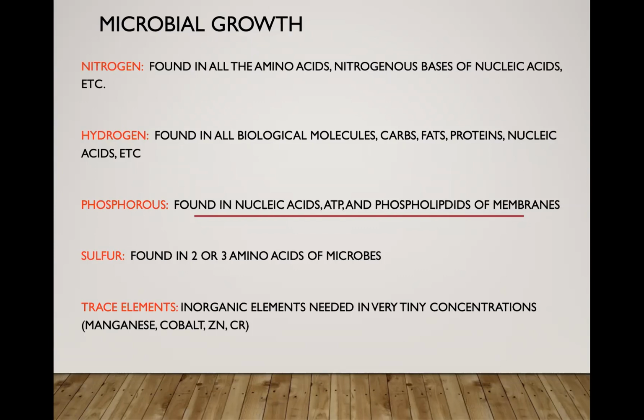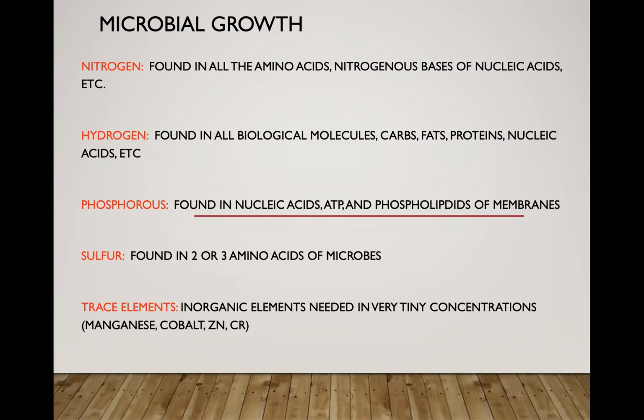Trace elements. We established those chemical elements that are found in great abundance in living things: carbon, hydrogen, oxygen, and nitrogen. Well, there are others that are also very essential, though they are found in really small amounts, and we call those trace elements.